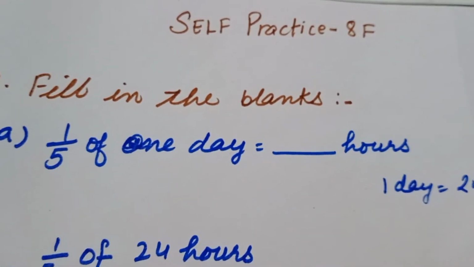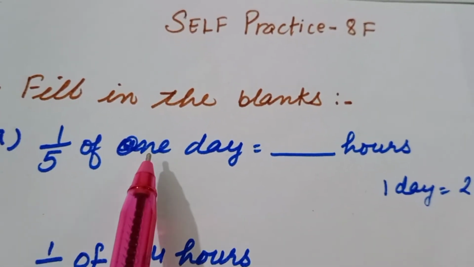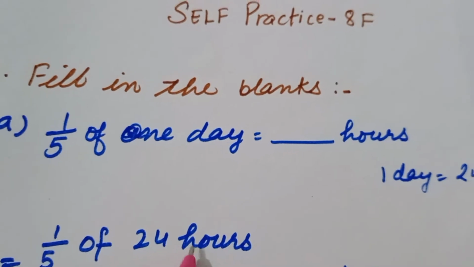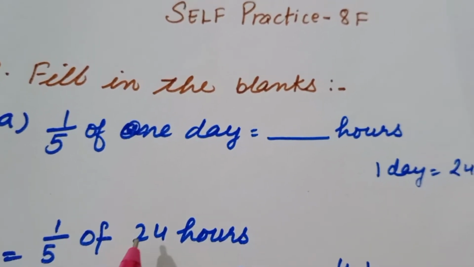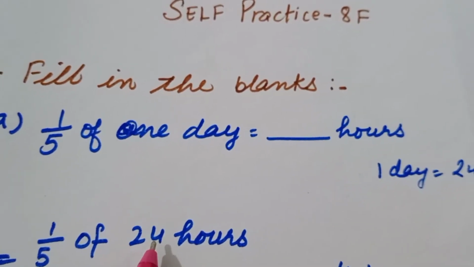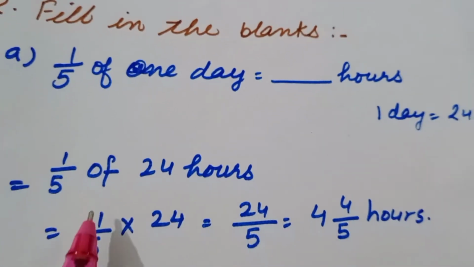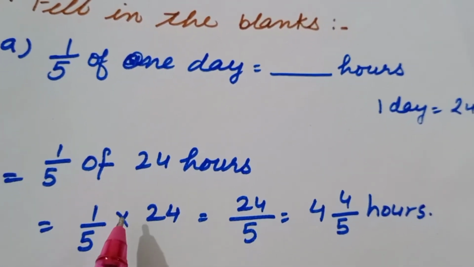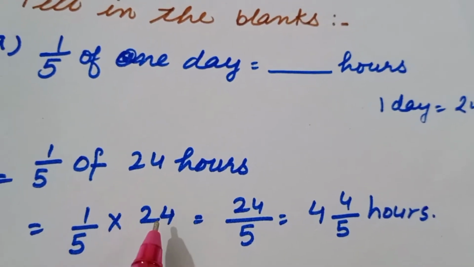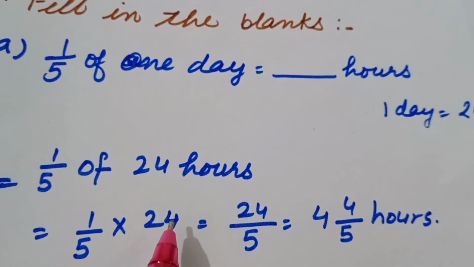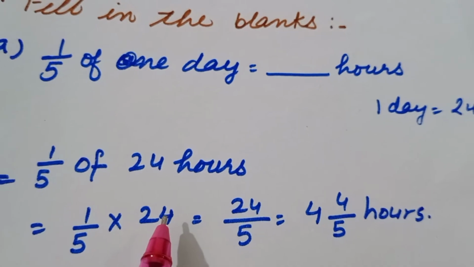So 1 by 5 of 1 day is 24 hours. So we have to find the number of hours in 1 by 5 of 24 hours. So 1 by 5 of will be replaced with multiplication and 24. 5 and 24, they are not divisible with each other.